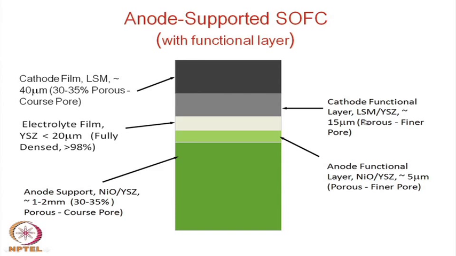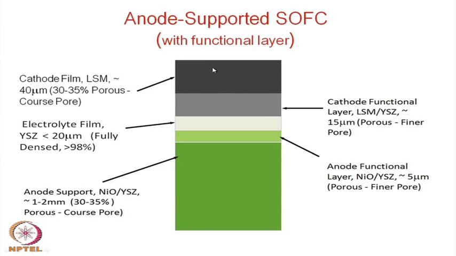Here you can see the cathode side is LSM YSZ, that means a mixture of the basic cathode, pure LSM, and something like your cermet, what we have used in nickel YSZ. Instead of nickel YSZ, we are using here LSM YSZ, a mixture of the cathodic material and the YSZ which is the electrolyte, and the pores are much finer.